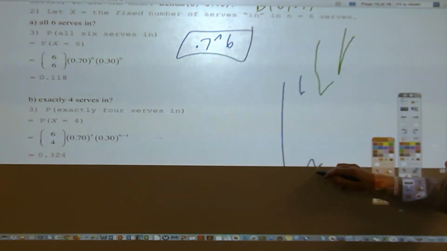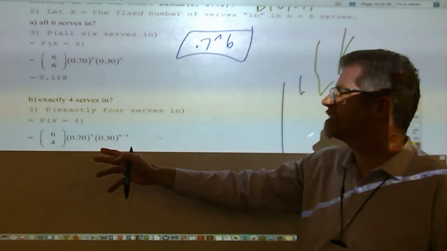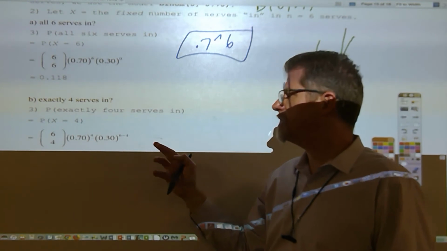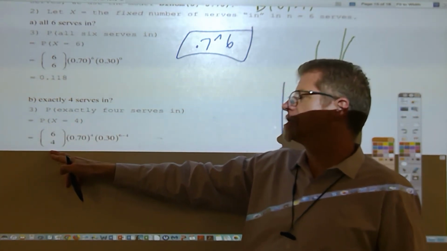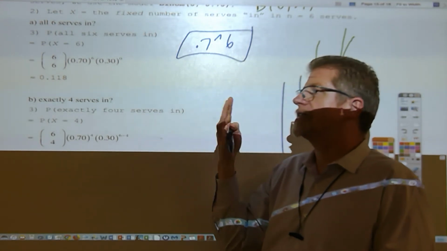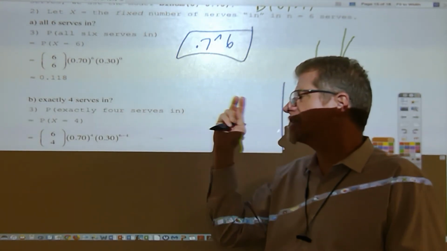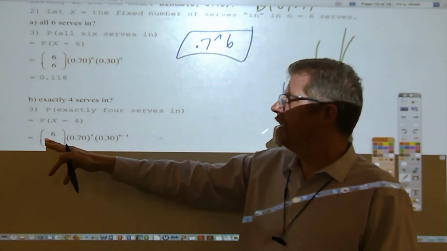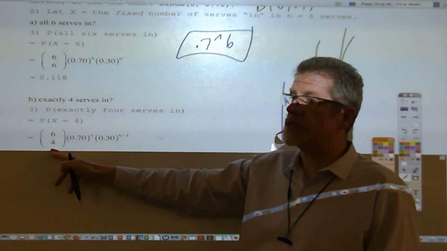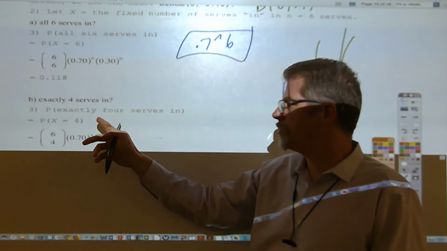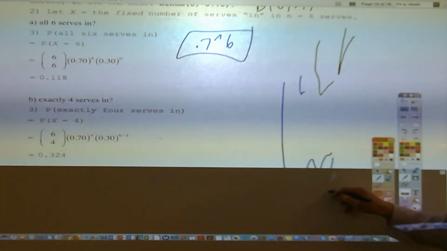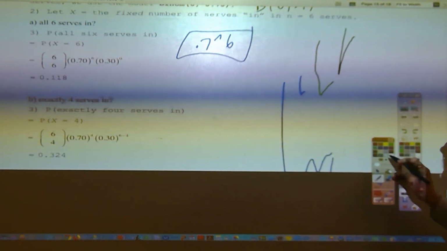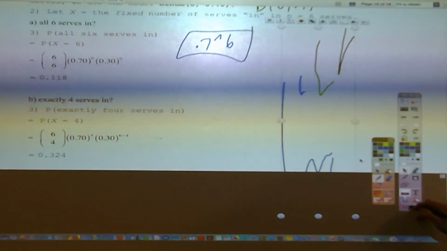Now, what's the probability of getting exactly 4 serves in? Well, exactly 4 of the 7 cells in the probability distribution, we want the 6 choose 4 cell. I mean, 2 to the 6th is 64. There's 64 leaves on the tree diagram. 6 choose 4 of those leaves are 0.7 to the 4th times 0.3 squared. So how would you actually type that into your calculator? Here's where you would want to use nCr.